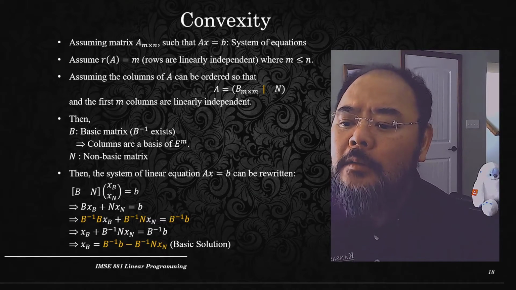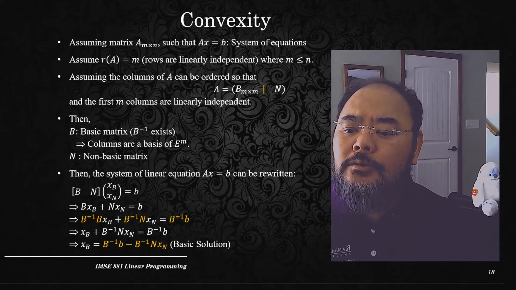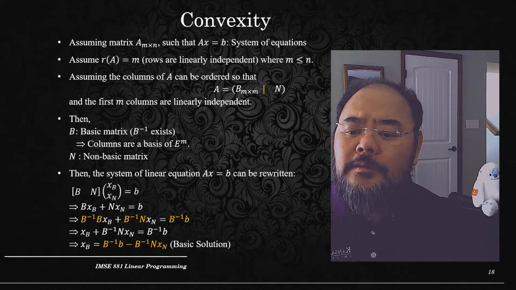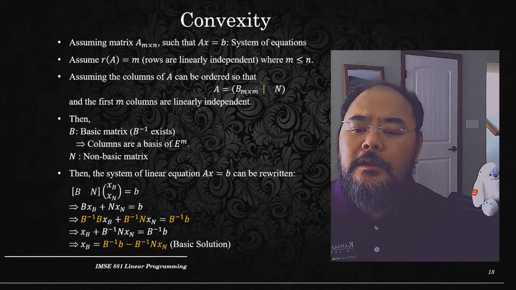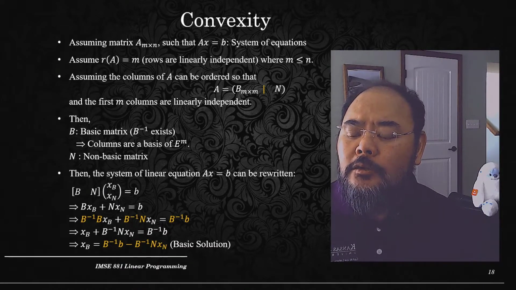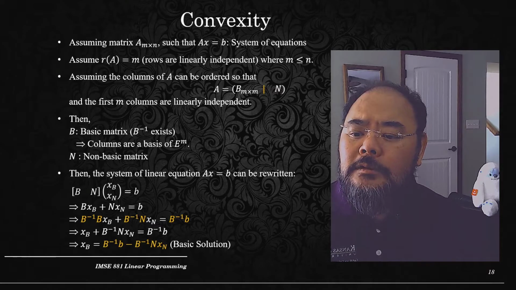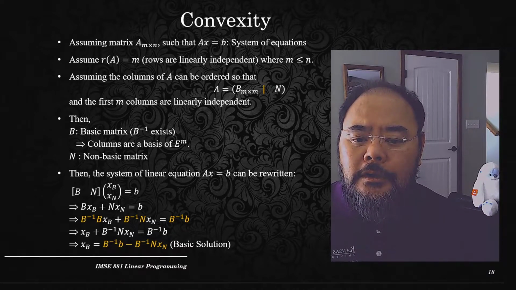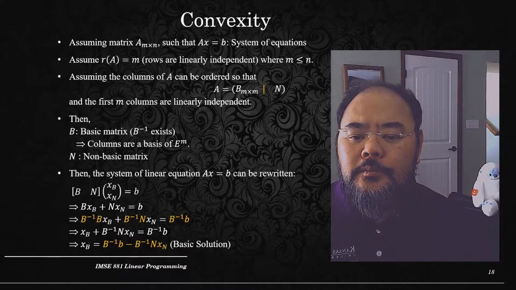Next, we talk about assuming a matrix A, m times n, such that A times x equals b. Usually we refer to this as a linear system, or system of linear equations. The rank of A equals m, so the rows are linearly independent, and we're assuming generally m is less than or equal to n, which is pretty much the usual case in linear programming models.